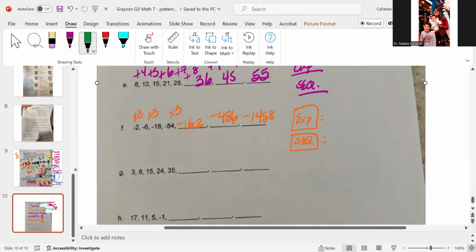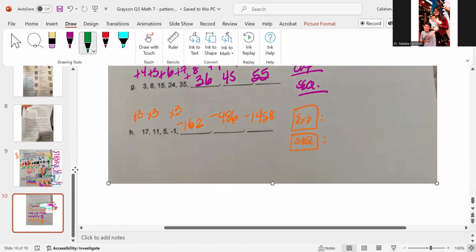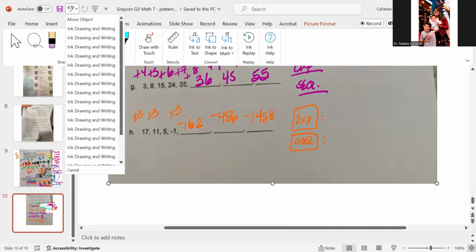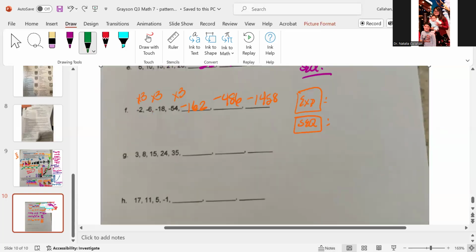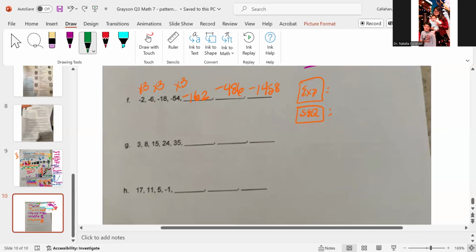What about for G? What's your answer for G? You're always adding up each digit by 2. Yeah, because this is going to be a difference of 2, right?